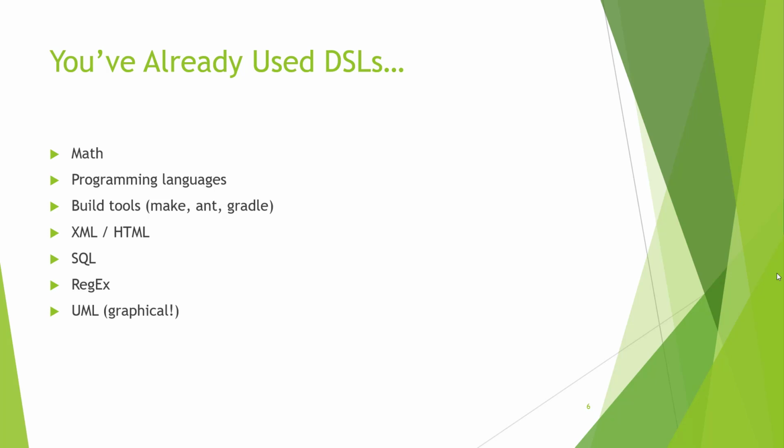UML. Note that this one's graphical. Nobody ever said that DSLs have to be textual. We can represent things as a picture. And sometimes pictures are a really good way to represent things. We're going to be going through Fowler's example using the state machine definition. We're not going to do the graphical side of it. I didn't have time to come up with an example for that, but I'd like to at some point.